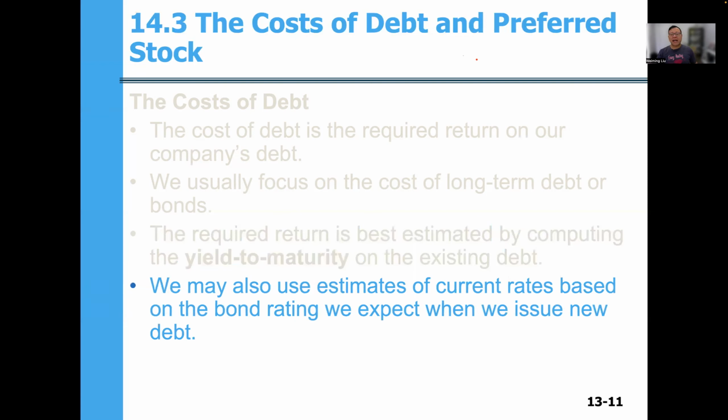You may also use an estimate of current rates based on the bond rating we expect when we issue new debt. So the bond ratings will also give you some information, right? AAA ratings mean this is a good investment, and that would affect the rate.